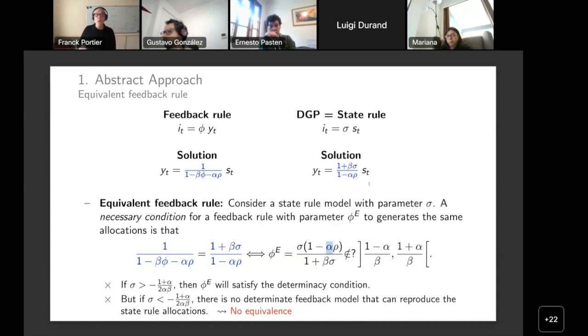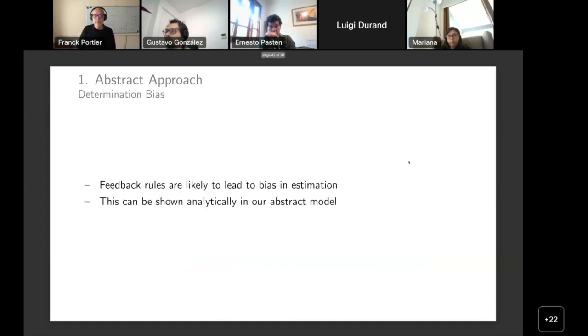Okay, so in this simple world, I can show you the bias actually. It's a thought experiment, which is a bit ridiculous, but it's helpful. Let me derive the bias, to show that we can have some bias in estimating in this model.